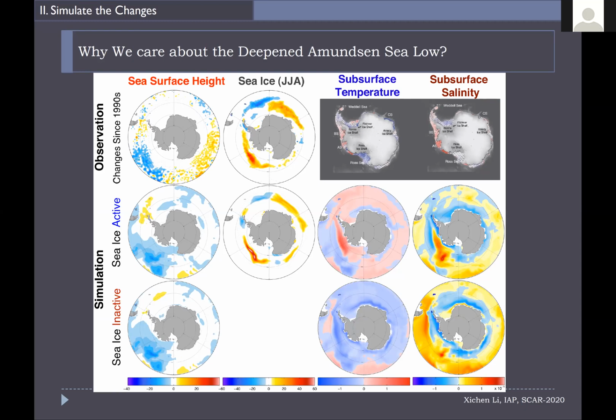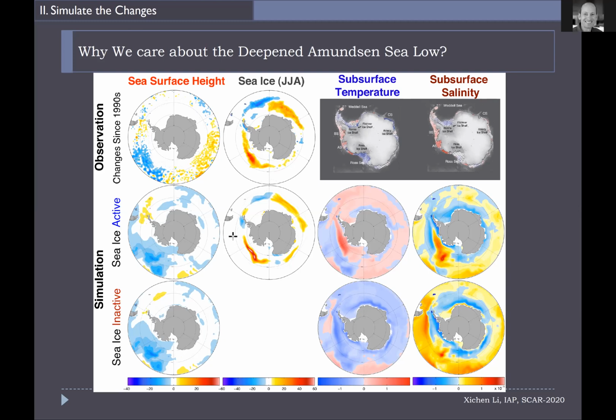We fixed the sea ice concentration based on the climatology in the observation, and we also fixed it based on the climatology in the sea ice active experiment. We find that once we fix it, it doesn't matter whether it's from observation or from the model. The results are basically the same.